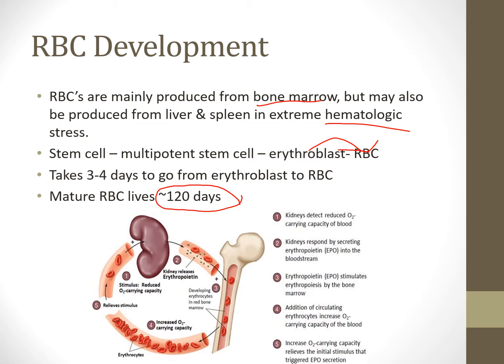So the kidneys can actually help us out. If they detect a reduced oxygen carrying capacity of the blood, right, so they're no longer getting the oxygen that they need, they're going to respond by secreting erythropoietin, or EPO. Now, you may have heard of this before, especially if you're into the sports world. Erythropoietin is something that some athletes use to what they call blood dope.